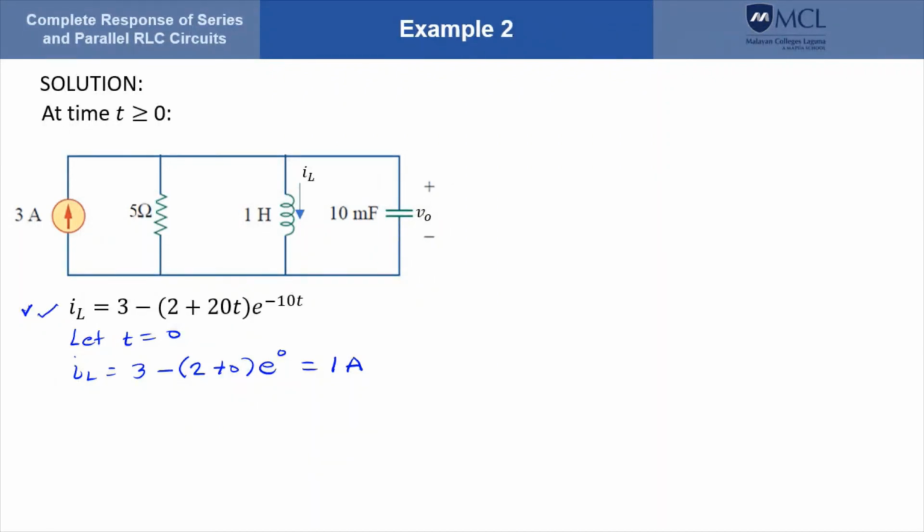Now we compute for V naught. We said this is equal to L dIL dt.